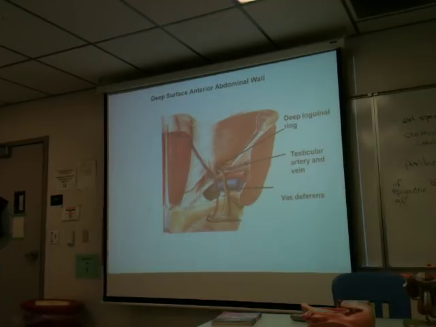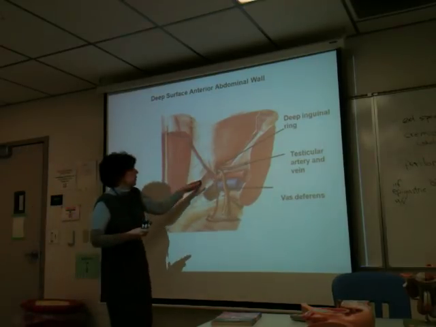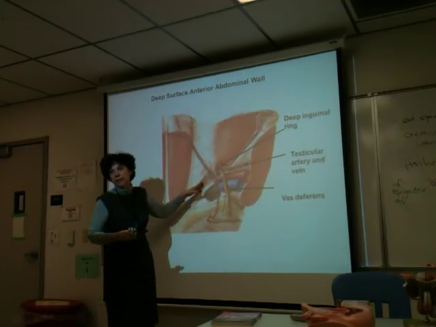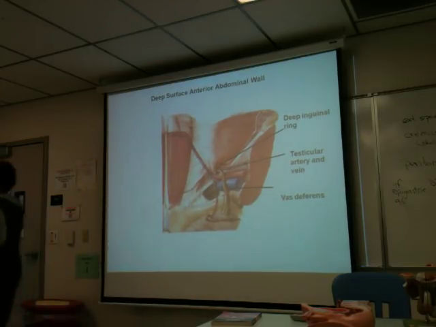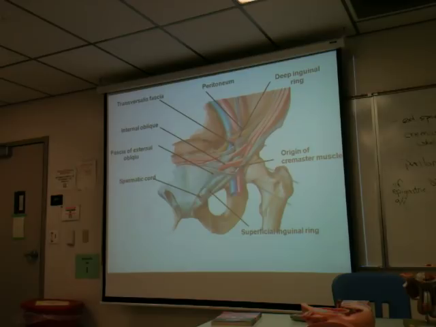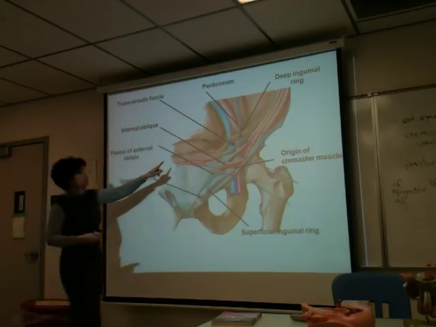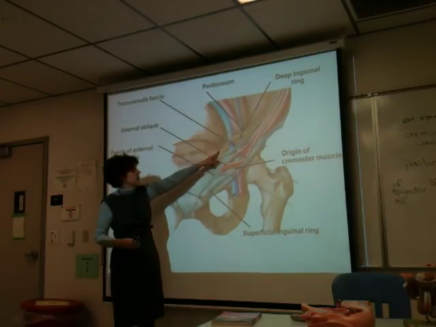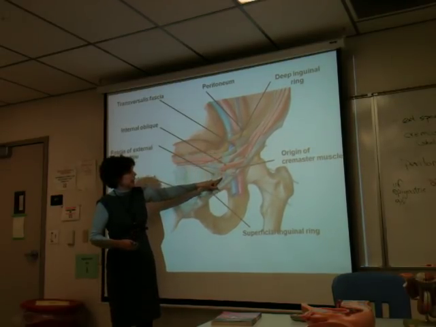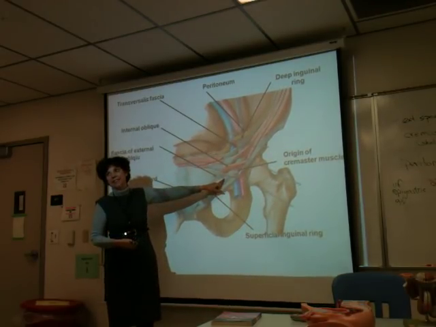Where does it go through when it's direct? It goes through the abdominal muscles themselves, the obliques. So if we were to go back and look at the diagram here, the direct is going to do this. It's going to come straight through all of these layers and end up in the inguinal canal.